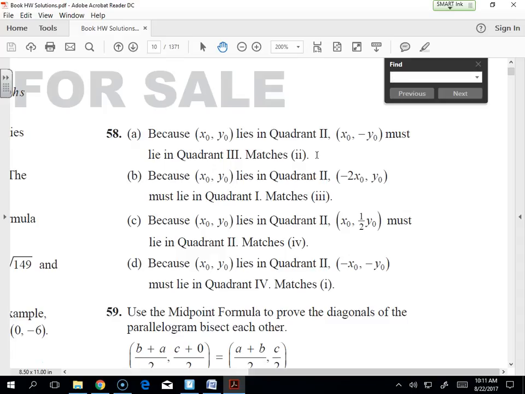Letter A. This is the problem for letter A. What's stated is x sub 0, y sub 0, which would be the same point, and that's not the point. That is the exact same. We need it to change. What's supposed to be printed is x sub 0, negative y sub 0. So if your book is not changed, please go ahead and change it. Then it will match with the options that I gave you.